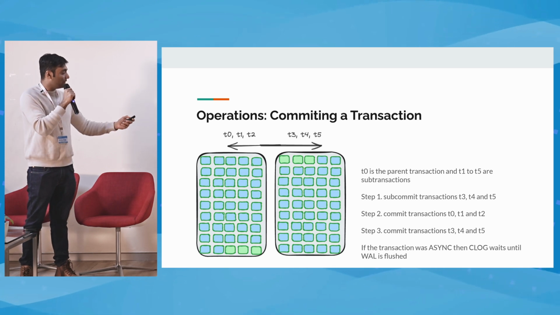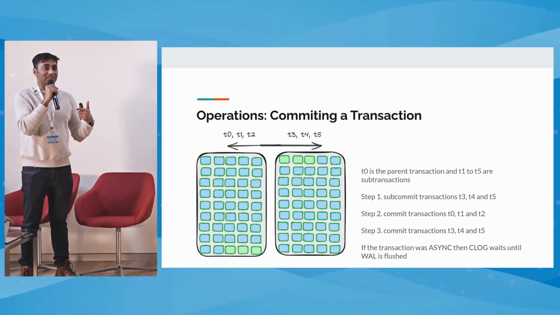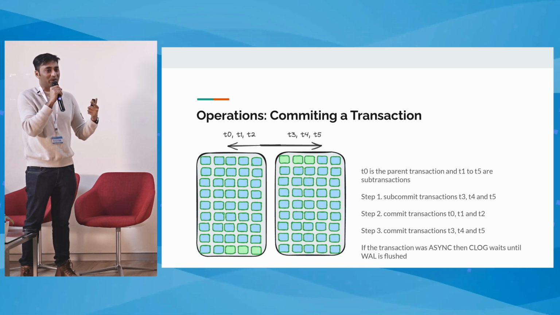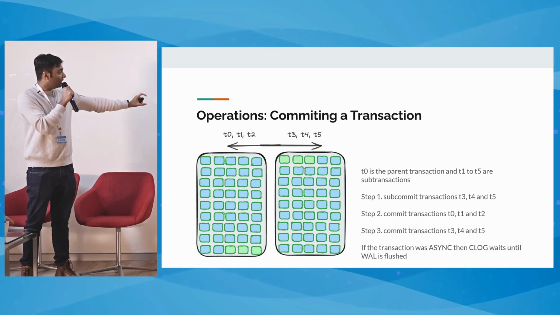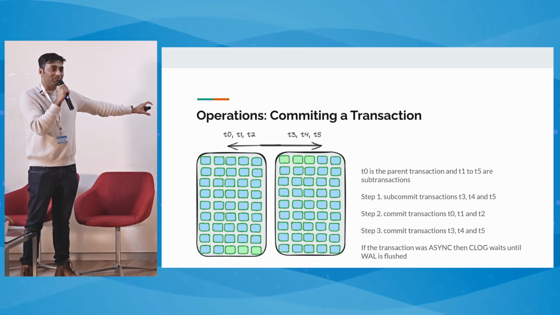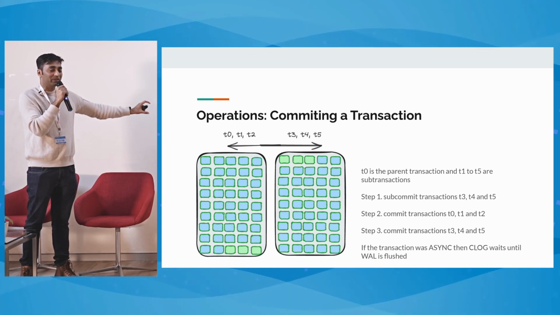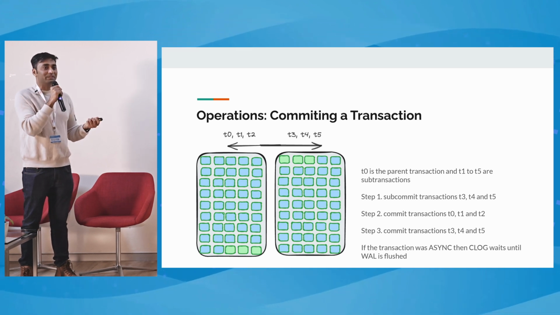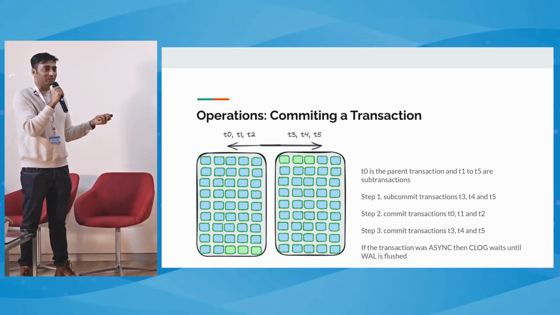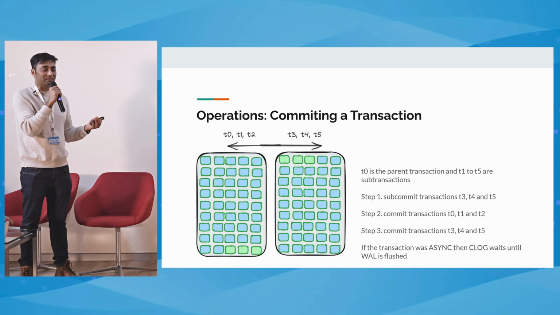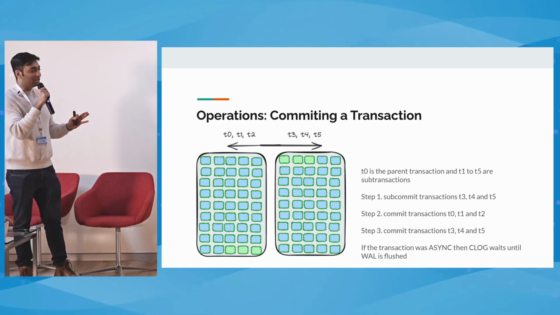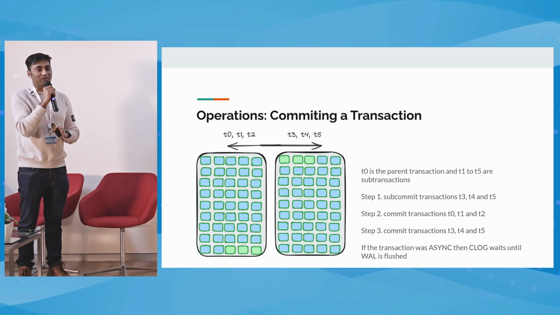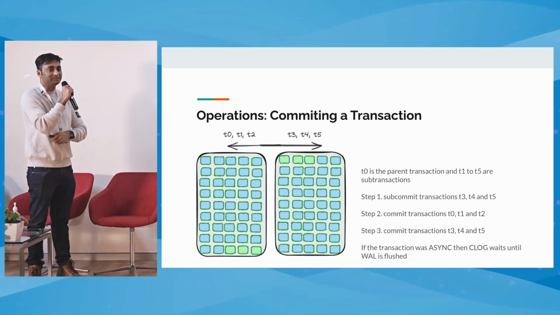If this condition is not met, then you have to take a sleepy lock, so you wind up in a loop. As long as you don't get a specific lock on this particular page, you can't go ahead and commit it. CLOG does its best not to just sleep and wait on things. It tries to do group updates and things like that. But essentially, all of these locks are LWLocks, really lightweight locks.